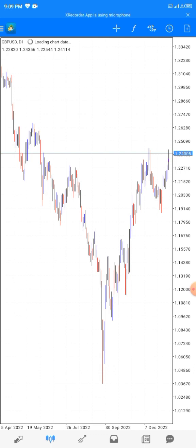So I'm going to make this horizontal, so that I can explain everything better. Price action, I said break of structure. Let me use it for our time frame so that we can see the trends clearly. Right here we can see the market is moving in an uptrend.